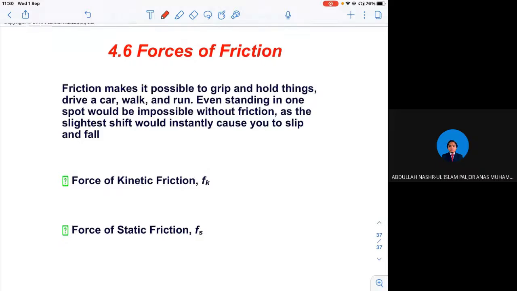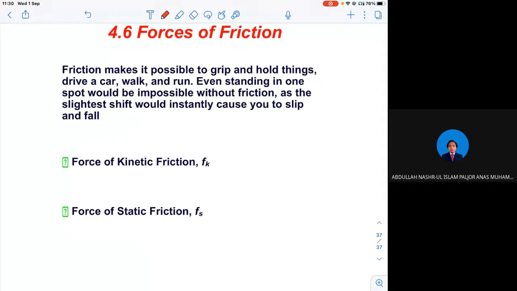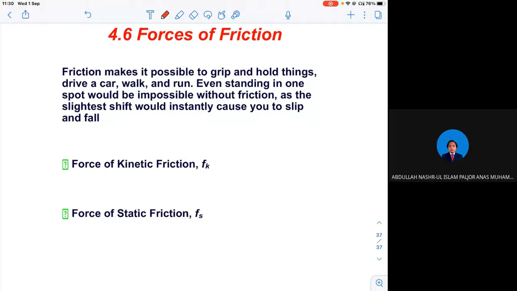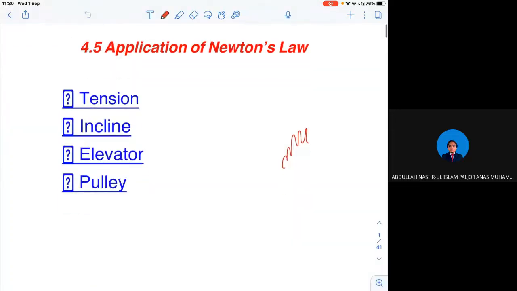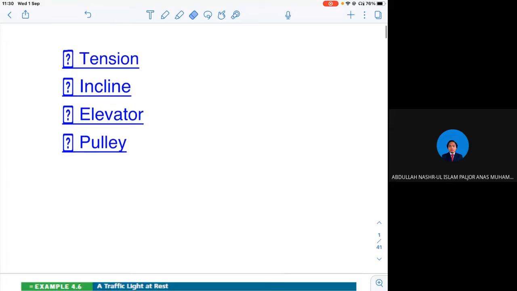Right. So let's move to another part, which is the forces of friction. Another type of force that you should consider when you're trying to understand the applications of force. This is the applications of Newton's law.